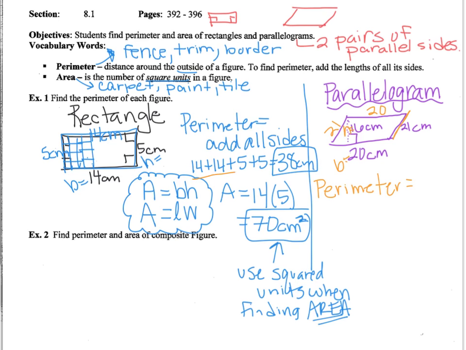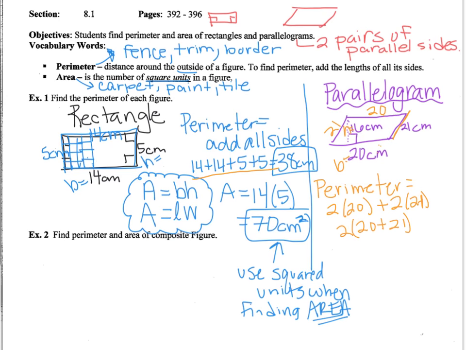And over here we added all the sides. This time I'm going to write it a little bit different just so you can see another option. I have 2 of the tops, 2 of the bases, so I can write 2 times 20 plus 2 times 21. Okay, another way people like to write it is they like to add the 2 sides and then times that by 2.